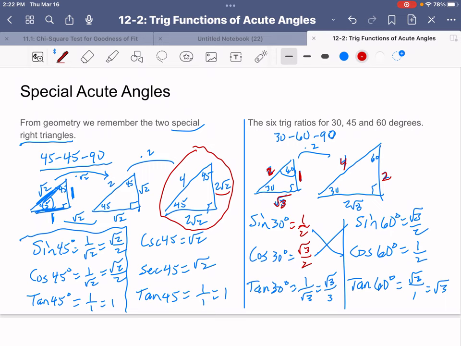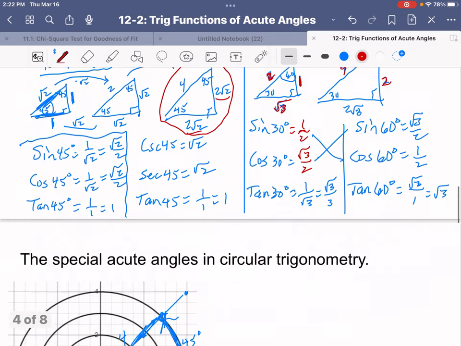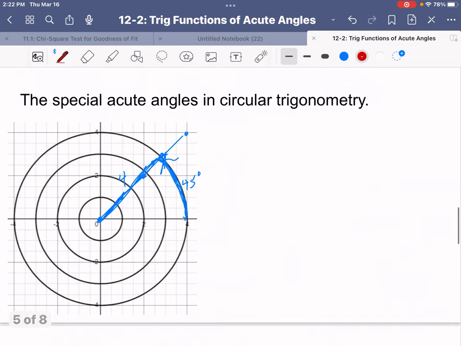So now 2 root 2 and 2 root 2. This point is 2 square root of 2, comma 2 square root of 2. So when you rotate 45 degrees around a circle, you create an ordered pair where the x-coordinate and the y-coordinate are equal, and then you just have to figure out the radius.